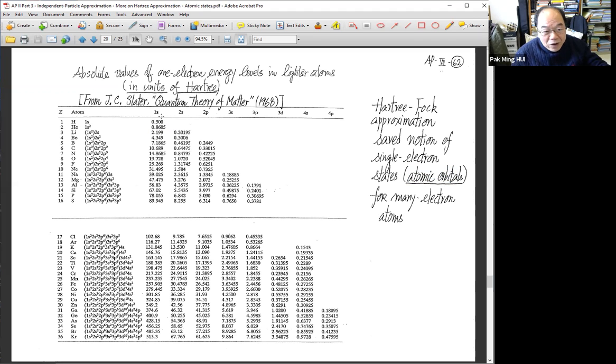You see, these values are all cited in Hartree. That is the commonly used unit in atomic and molecular physics. It is 2 times 13.6, all right, with a minus sign.